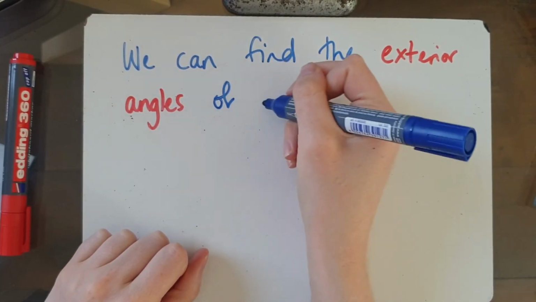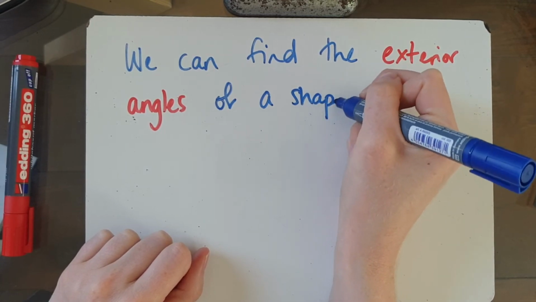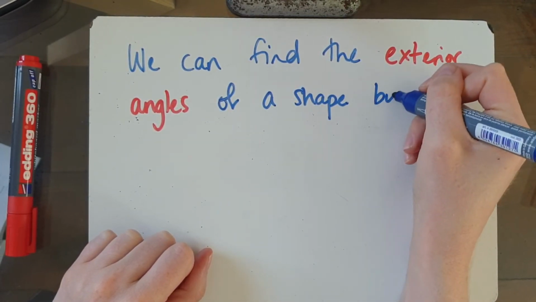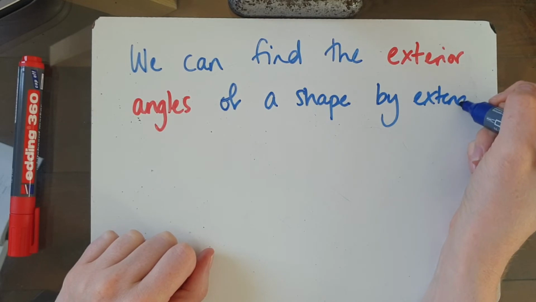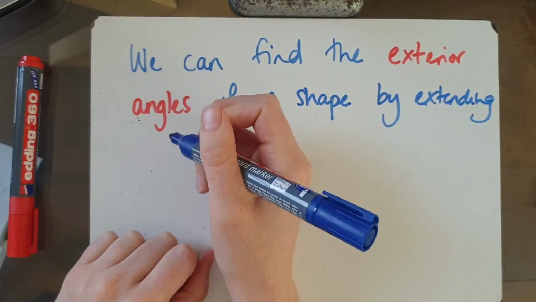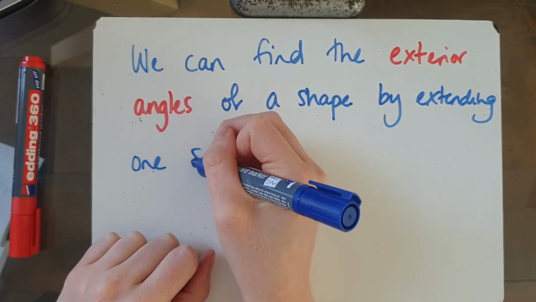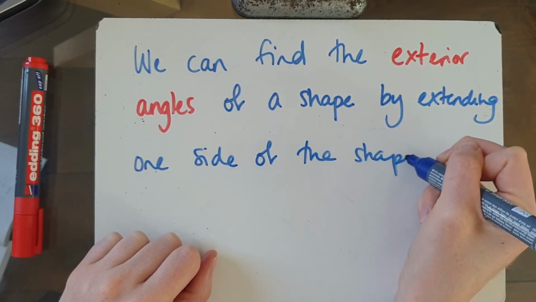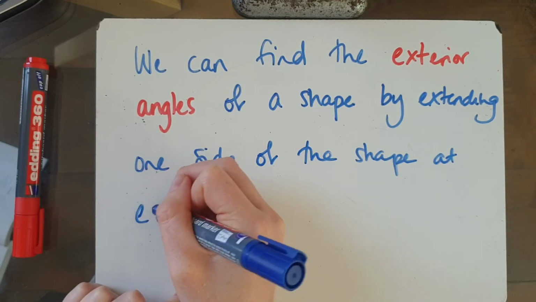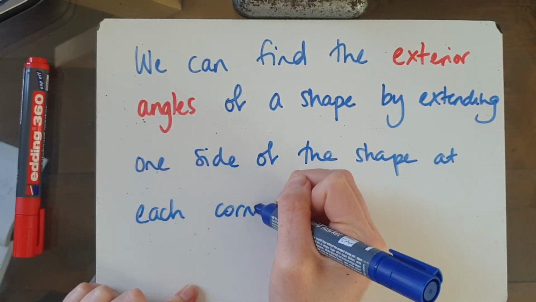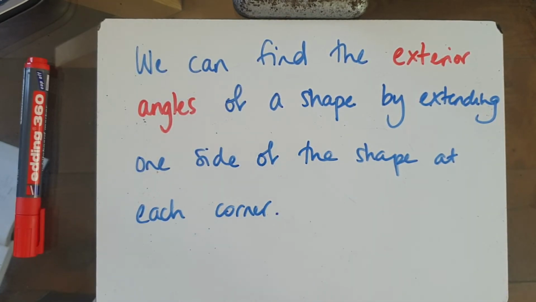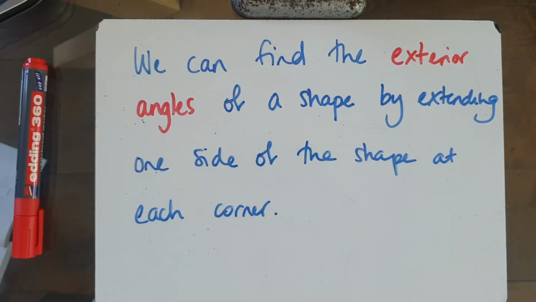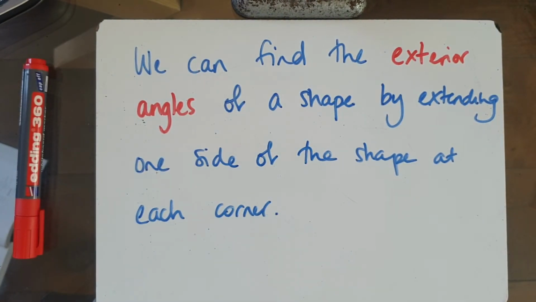So we can find the exterior angles of a shape by extending one side of the shape at each corner.